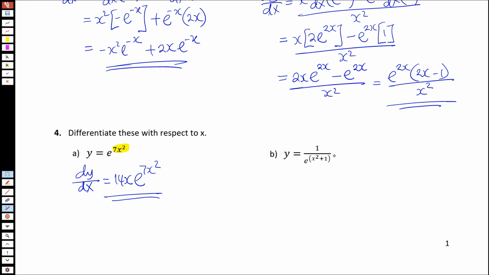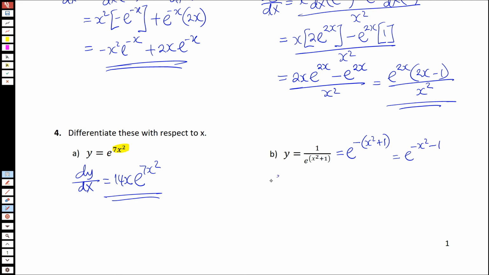Okay, here we can apply the same thing. We just need to rewrite this. So this will be e to power negative into bracket x squared minus 1 plus 1, which will be same as e to power negative x squared minus 1.